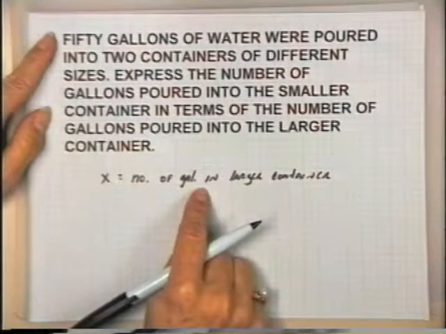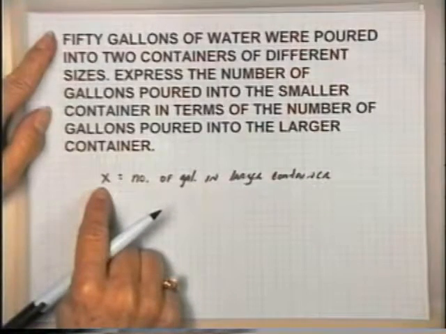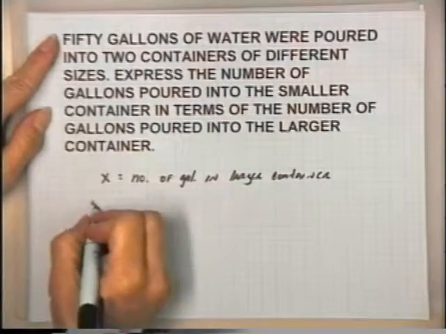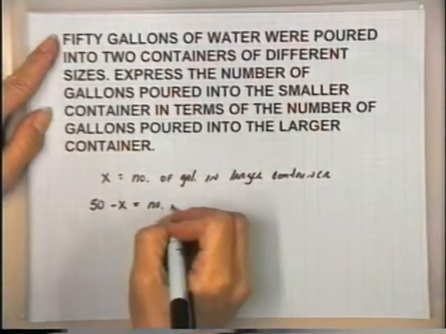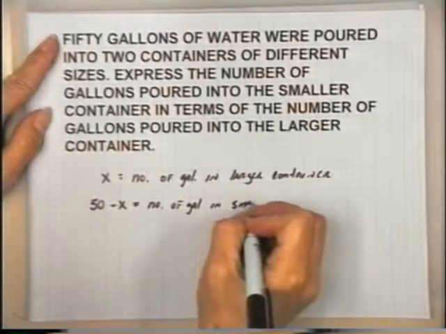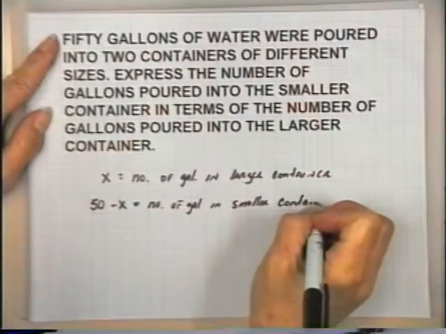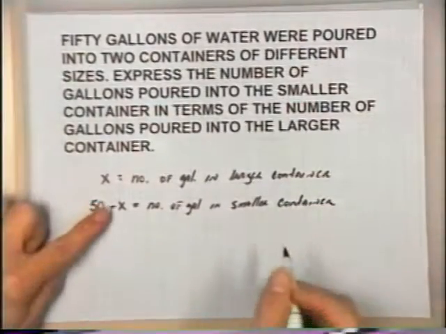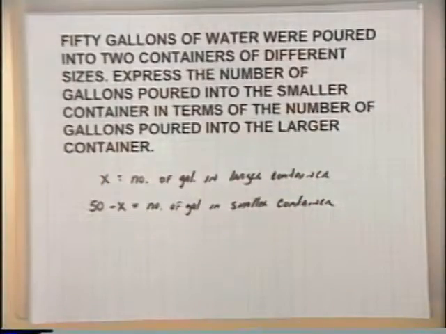This is similar to those first examples we looked at. If we have a total, we subtract the one we know from the total. So 50 subtract x will represent the number of gallons that would be poured in that smaller container. And we have expressed the number of gallons in the smaller container in terms of the variable that we chose for the gallons in the larger container.